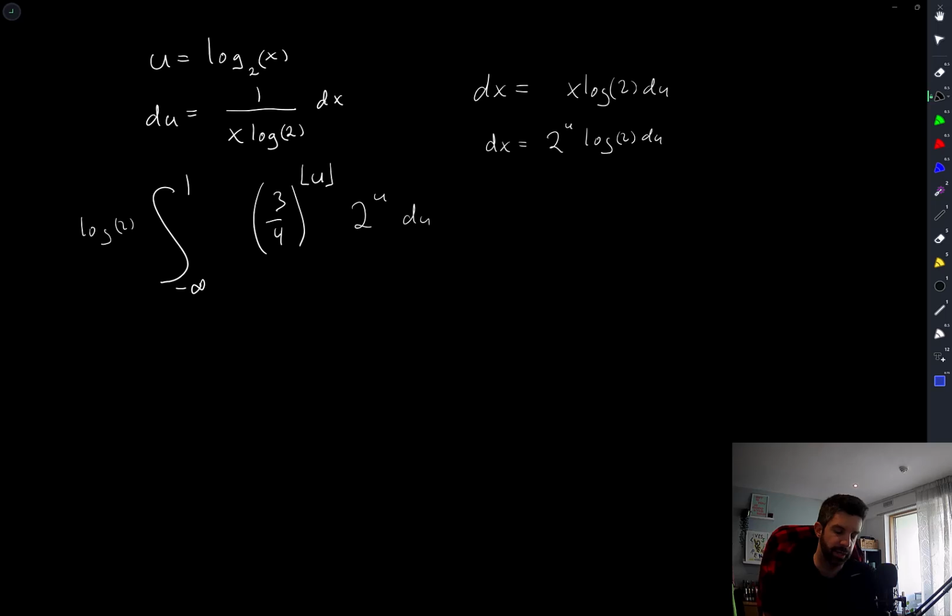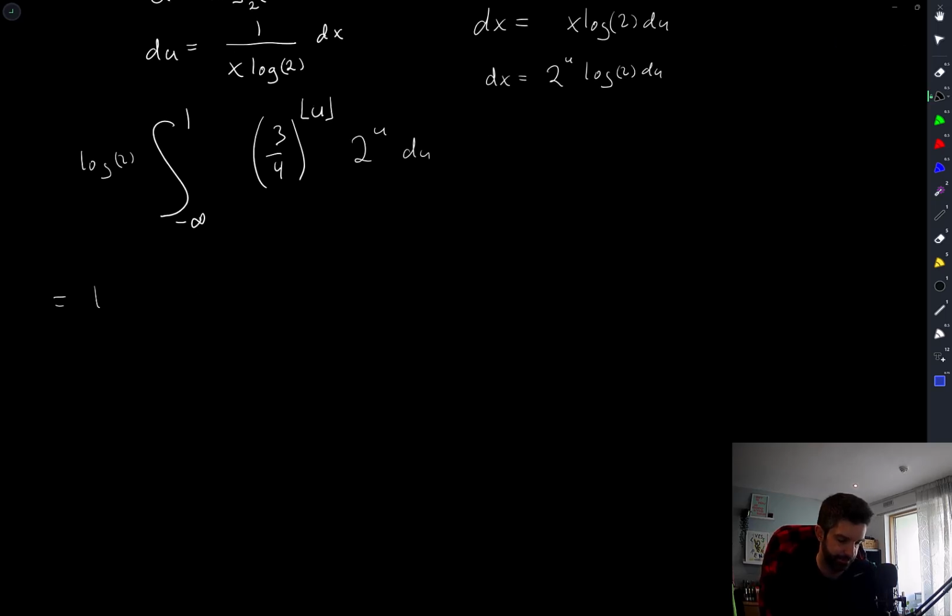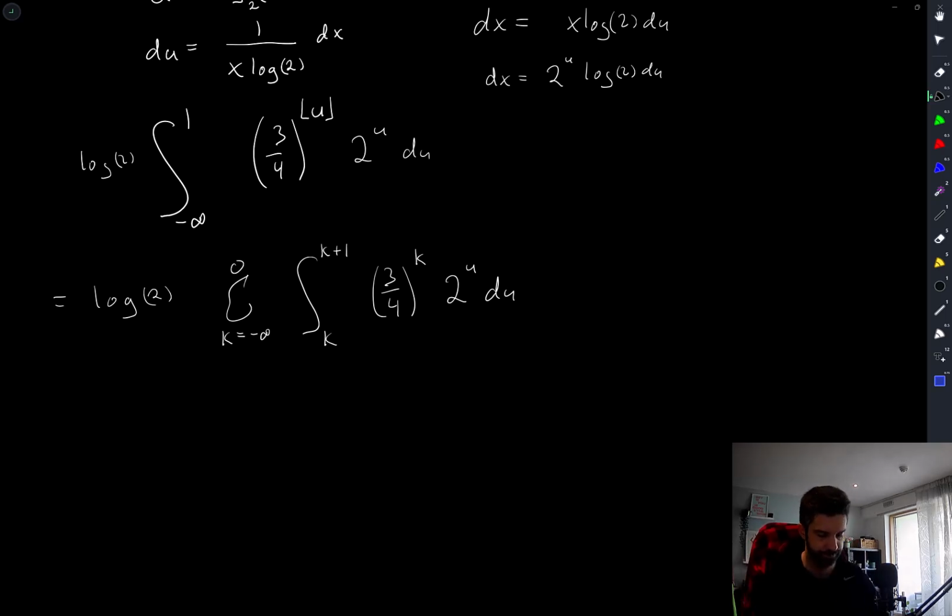Although maybe we can do it, just break it up into a sum. Well, the sum will go from k to k plus 1. When I'm between k and k plus 1, the floor of u is just k, with 3/4 to the k. This is still just 2 to the u du. And k goes from negative infinity to 0. This is not a standard way of writing this.